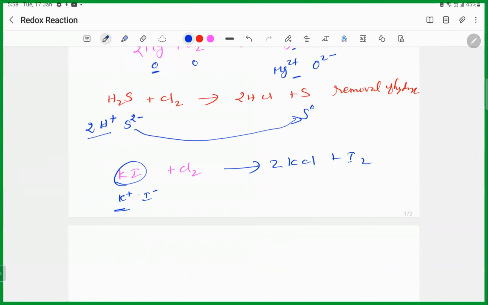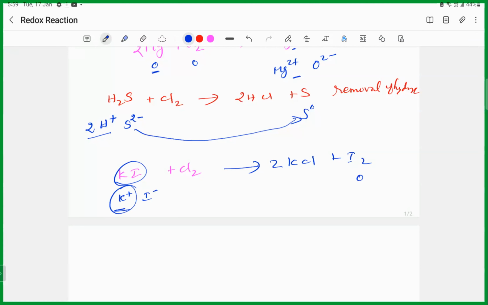This is the electropositive element which you are removing by using the chlorine. Once you remove it, it becomes I2, which is 0. So removal of electropositive element also increases the oxidation number, and it is also called an oxidation reaction. These are the oxidation processes.